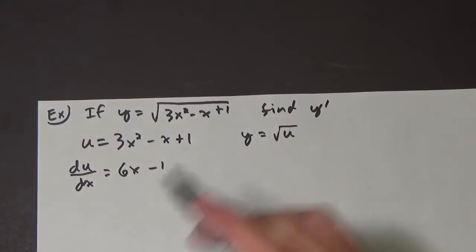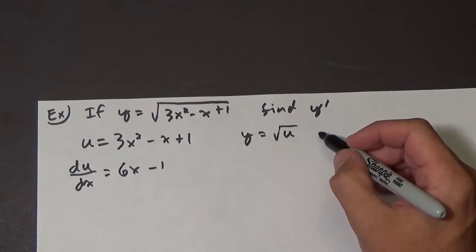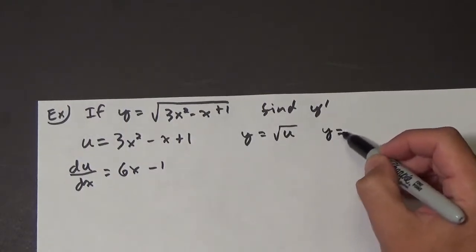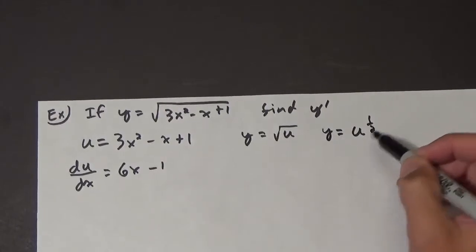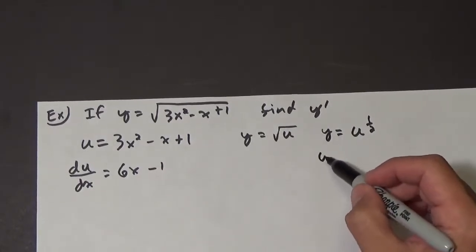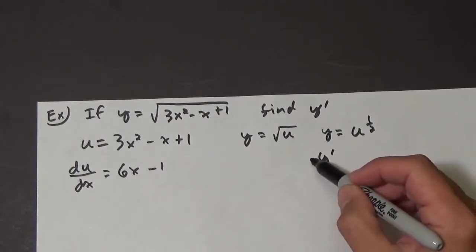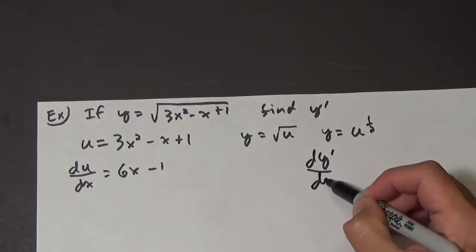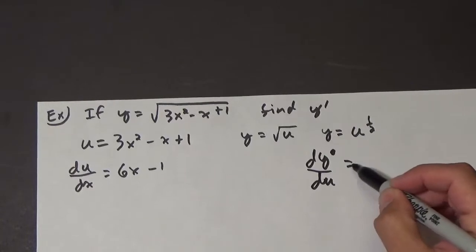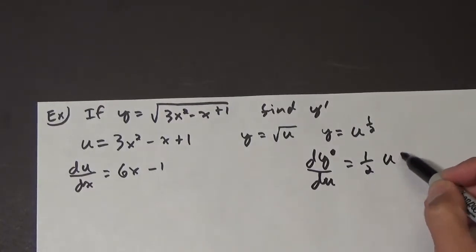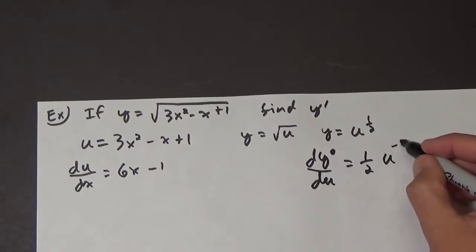And in this case, rewriting is a good idea. So we're going to say that y equals u to the 1/2 power. So that means dy du is 1/2 times u, and then we subtract 1, to the negative 1/2.